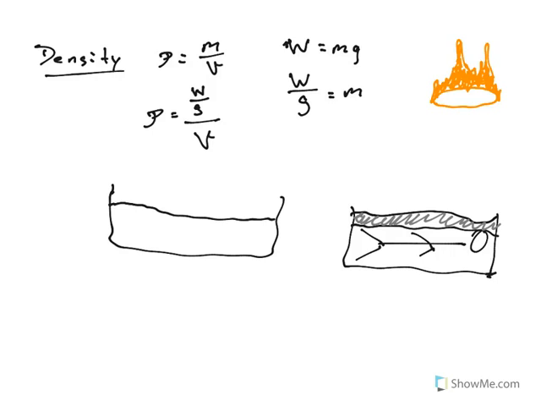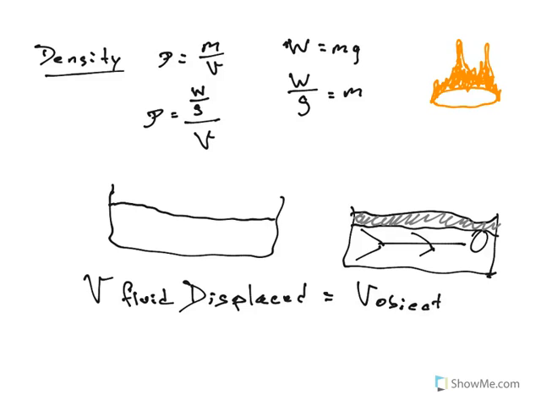And so what he said was, the amount of water that's displaced, so the volume of the fluid displaced, and that just means moved out of the way by an object, must be the same as the volume of the object itself, which displaces that fluid. And that makes sense.